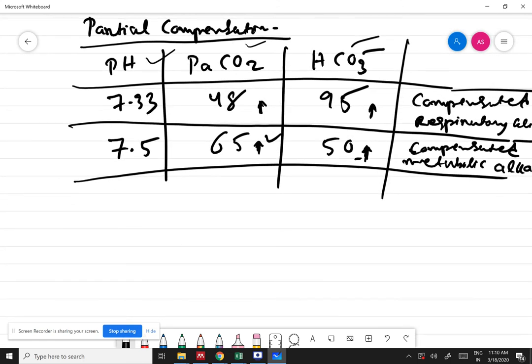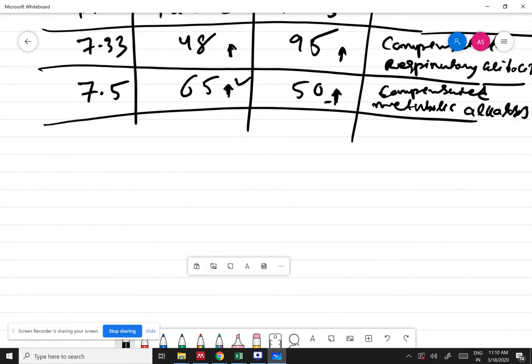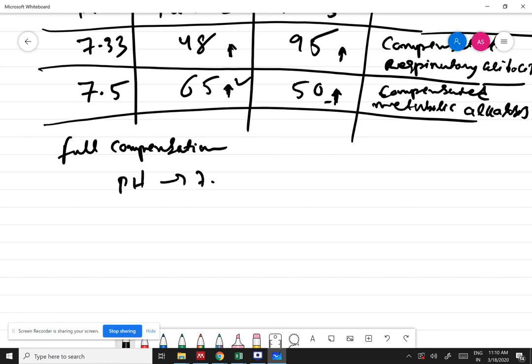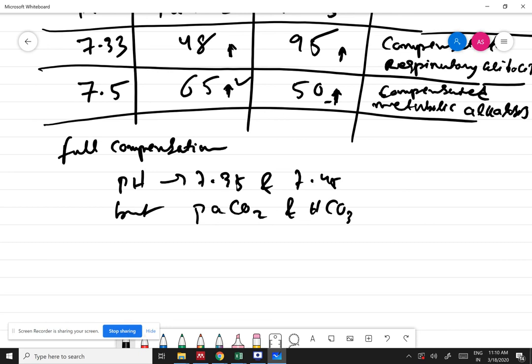There can also be full compensation. This is partial compensation. There may also be full compensation, where the pH is restored to normal through compensation. Okay, but PaCO2 and HCO3 minus continue to be abnormal. So your pH is between 7.35 and 7.45, but PaCO2 and HCO3 minus are both abnormal.